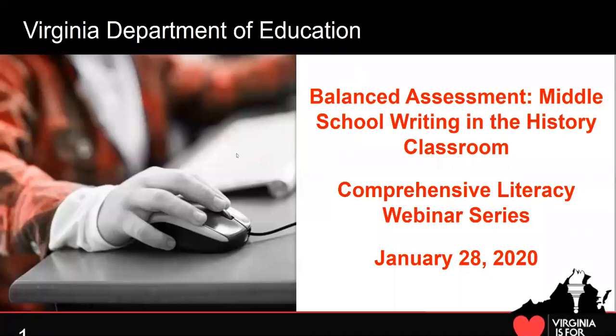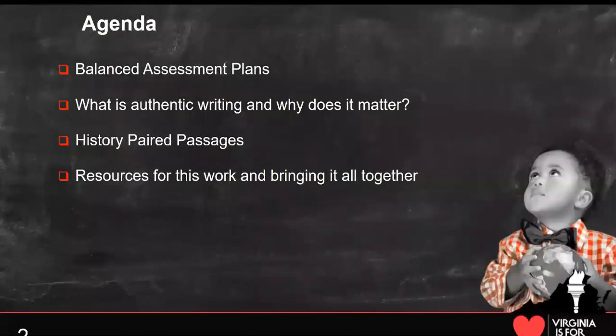First of all, we're going to look at all of this through the framework of the Balanced Assessment Plan guidelines that our assessment office has put out, corresponding with the legislation in 2014 to eliminate those 5 SOL tests, obviously throughout elementary and middle school, but largely concentrated in middle school with an outsized impact in history specifically.